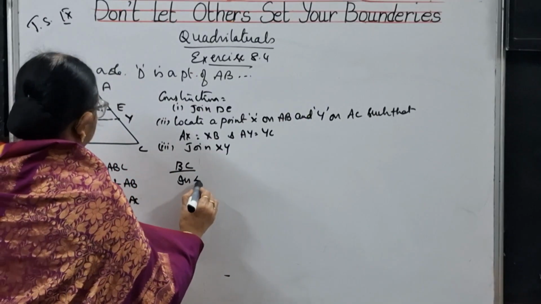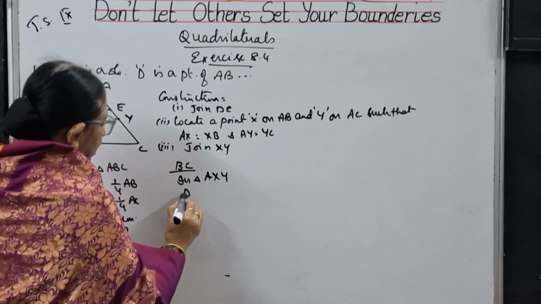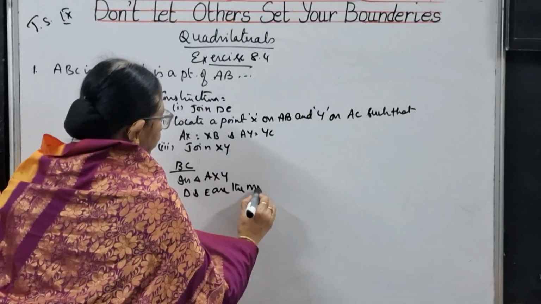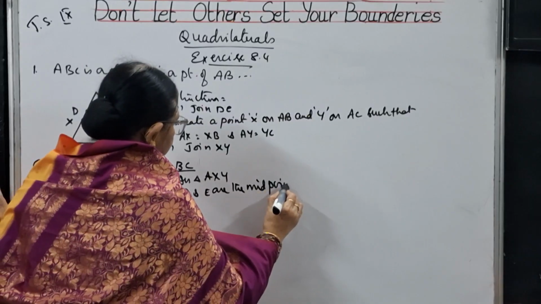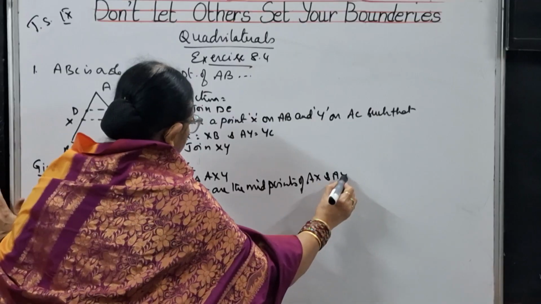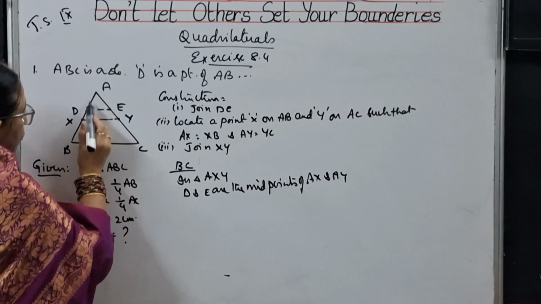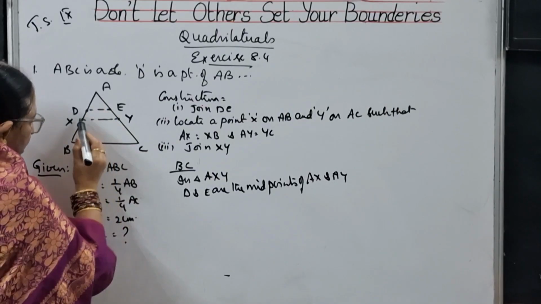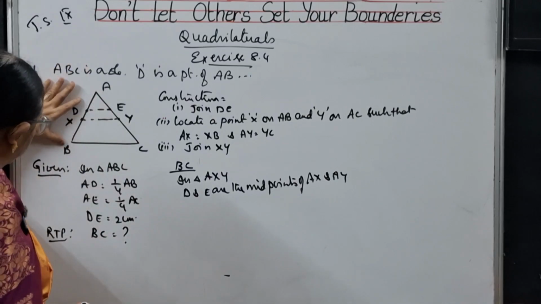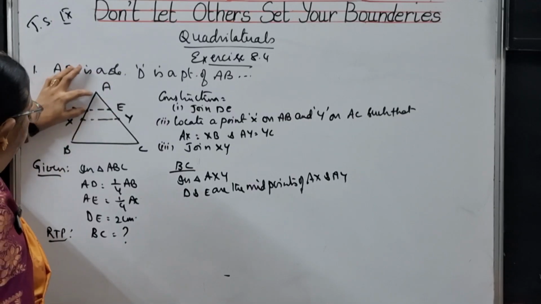See, in triangle AXY, D and E are the midpoints of AX and AY. Why? Because this is what they have given, AD is 1/4 of AB, and AX is half of AB. That means definitely D and E are the midpoints.